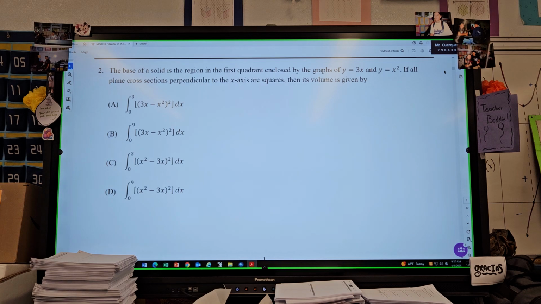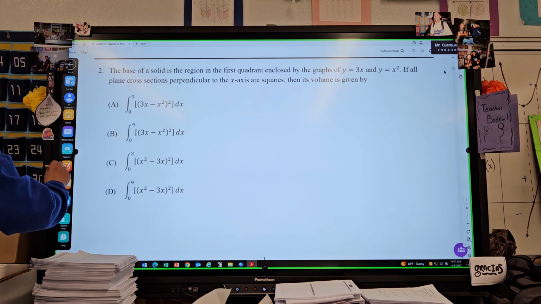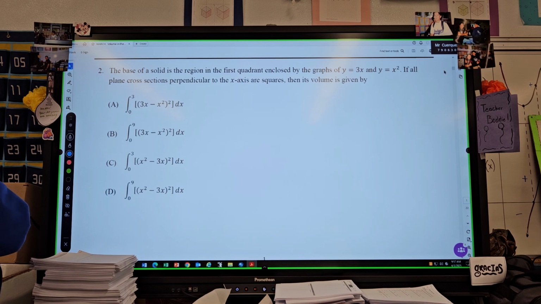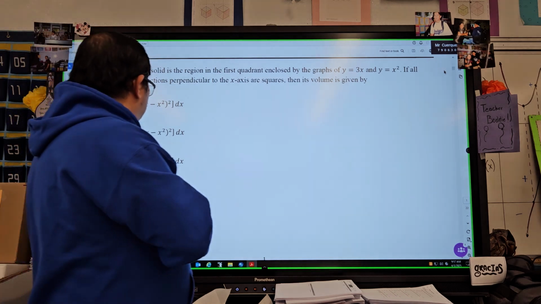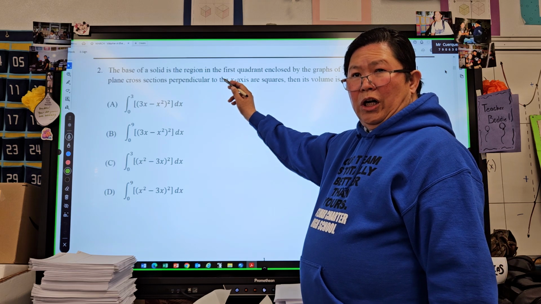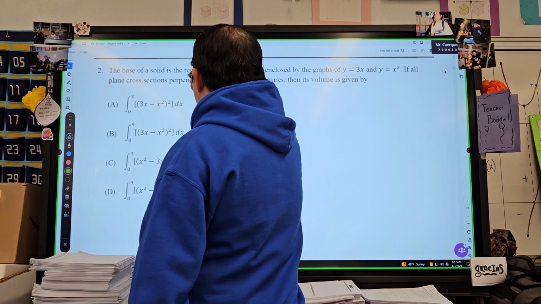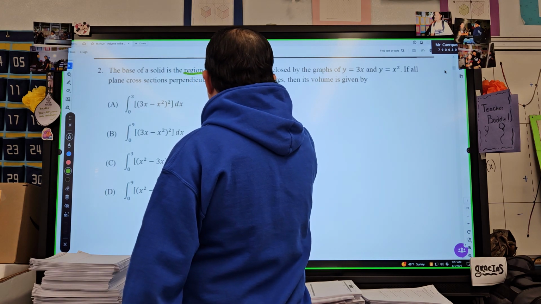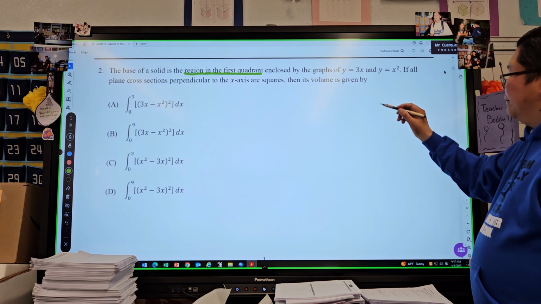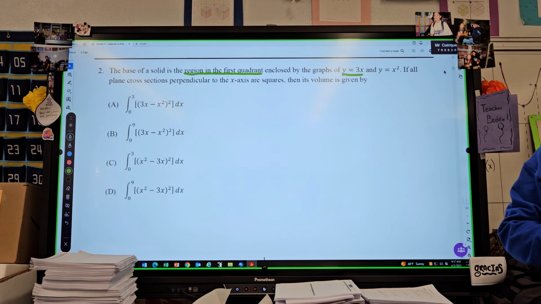Okay, so what are the important words to highlight first? First quadrant. So we are concerned with the first quadrant, right? So can you highlight this region in the first quadrant? And then what's the graph? This is the line y equals 3x.